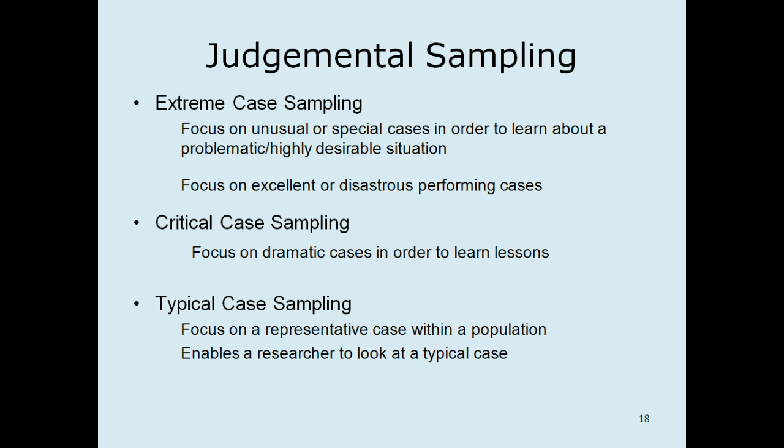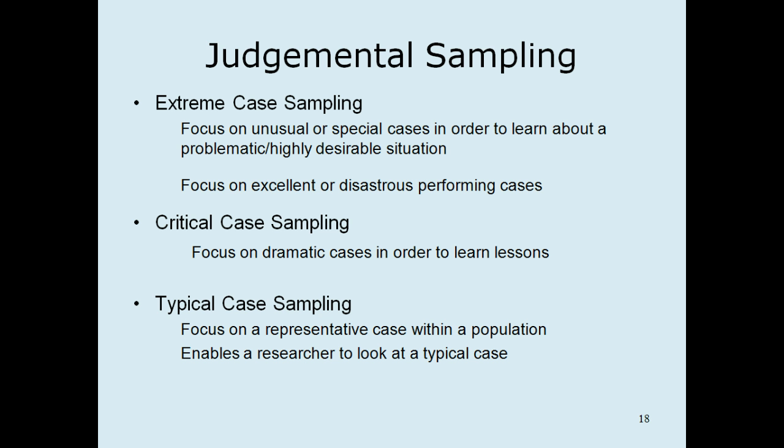Typical case sampling is somewhere in the middle. These are people that are generally average, or companies that have average performance. They're in the middle of the market. They're not the market leader, and they're not at the bottom of the market. They've not got poor sales and profits, but they're average. So people like Ford, people like Vauxhall, average car companies, very popular, but not overly profitable compared to some other companies.